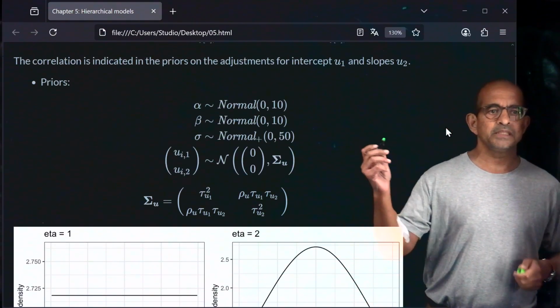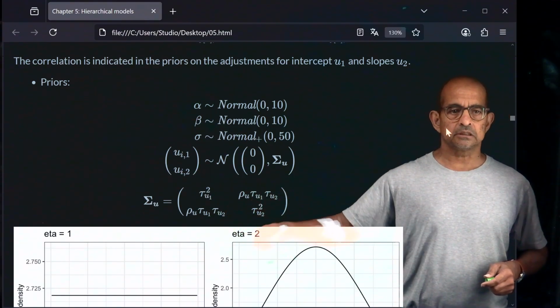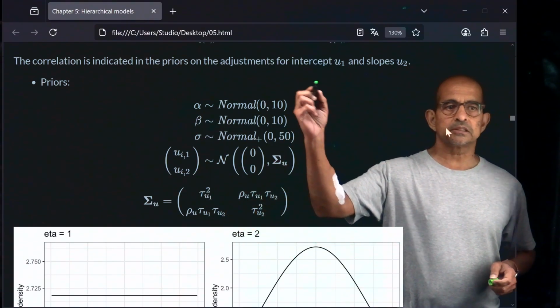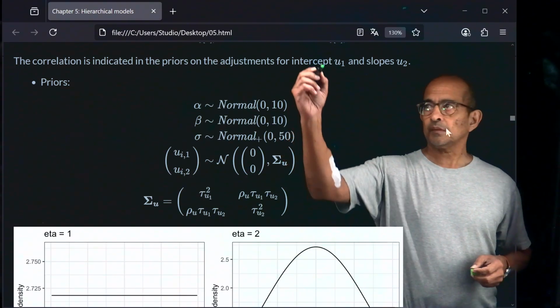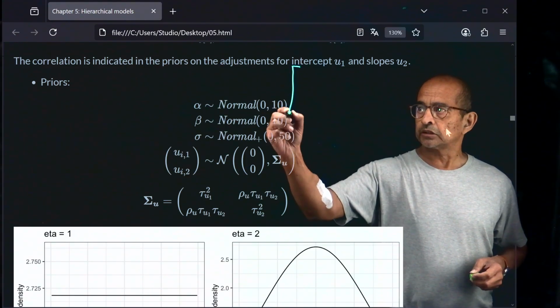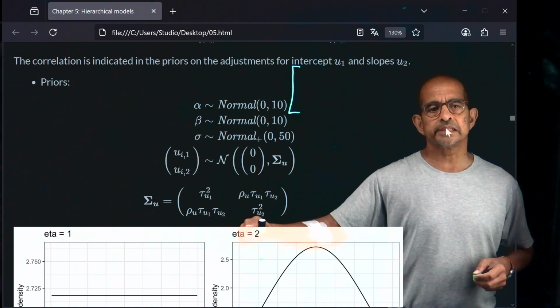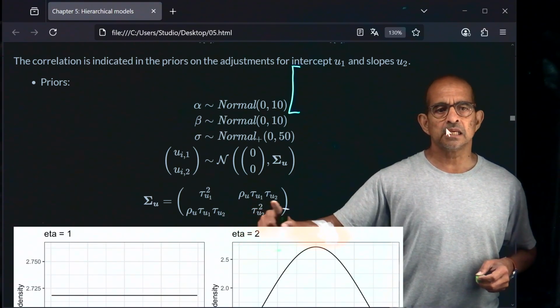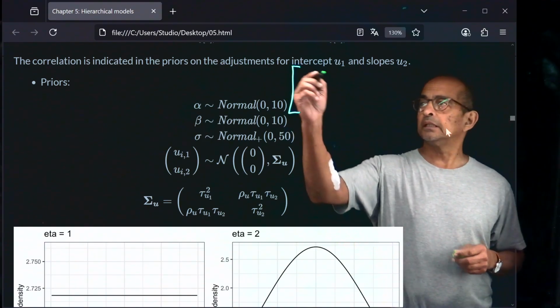And what that means is that, if you're talking about the variance covariance matrix here, right? So the variance covariance matrix can be decomposed into the following product of matrices. So this matrix here, which is tau u1 squared, tau u2 squared on the diagonals, and the covariances on the off diagonals, could be rewritten like this.